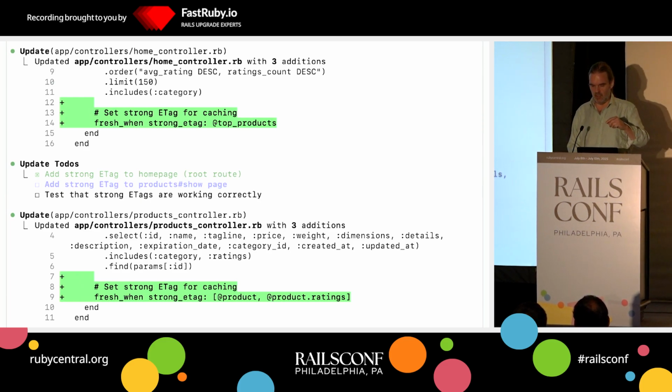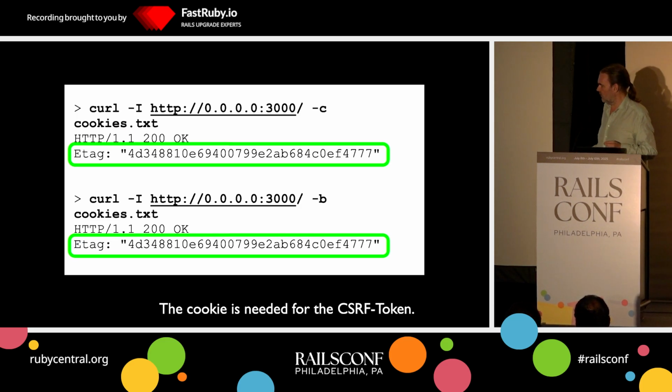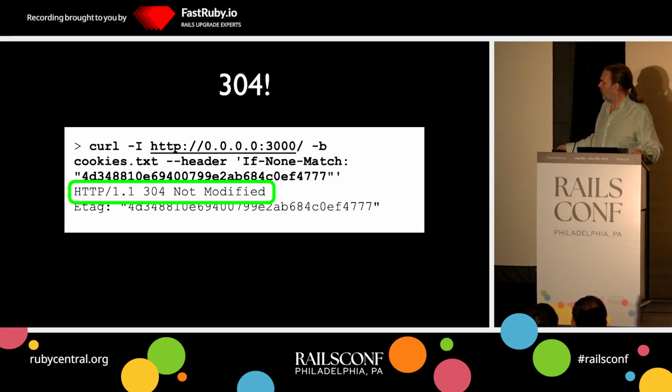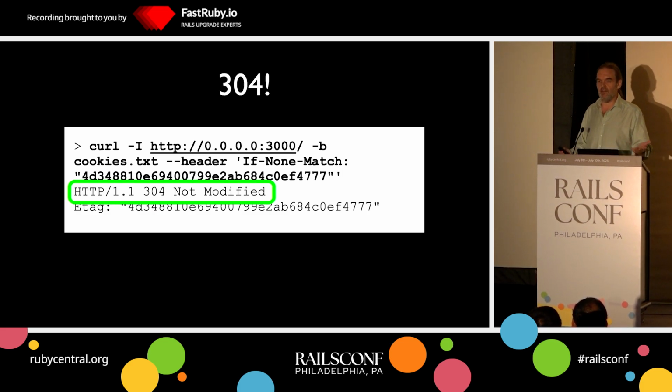And I'll show you what we do with that. So if we get the same page twice, we have the same fingerprint here, and that means the same page. What the browser now does is the browser says, okay, I already have a copy of this, and this is the fingerprint. That's e-tag. So has anything changed?